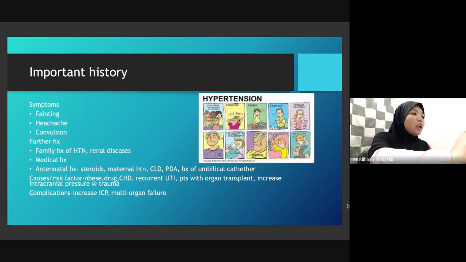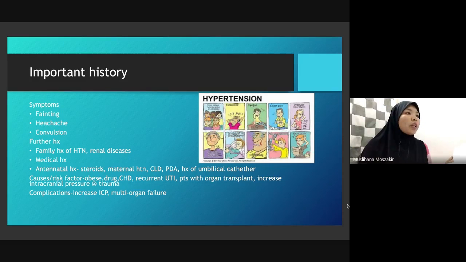And then the risk factors. Risk factors associated with hypertension are obesity, drugs, specifically steroid, coronary heart disease, and recurring UTI. Recurring UTI can also cause an increase in blood pressure.